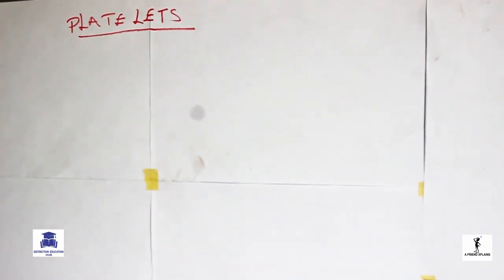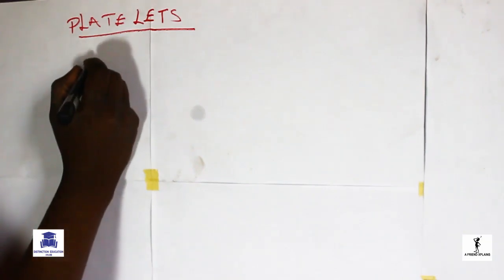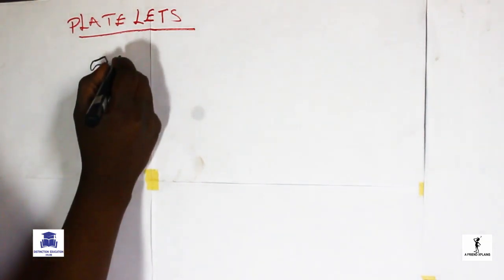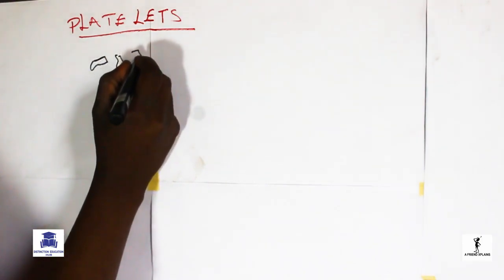Alright, so blood platelets are one component of blood that makes up the composition of blood. In terms of shape, they are irregular.